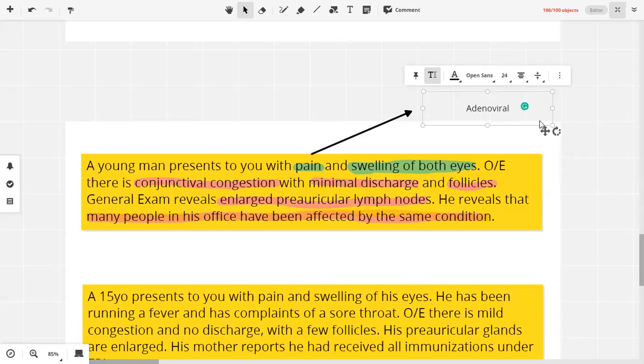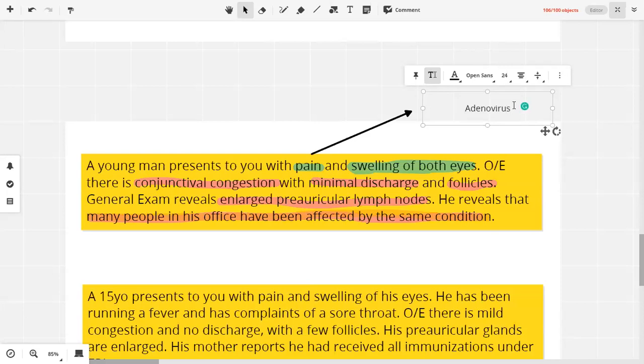But know that the pathogen is different and the name of the disease is different. Chlamydia can cause trachoma, and chlamydia can also cause inclusion conjunctivitis. Both are caused by chlamydia, although different serotypes. Similarly, adenovirus serotypes cause this kind of disease.